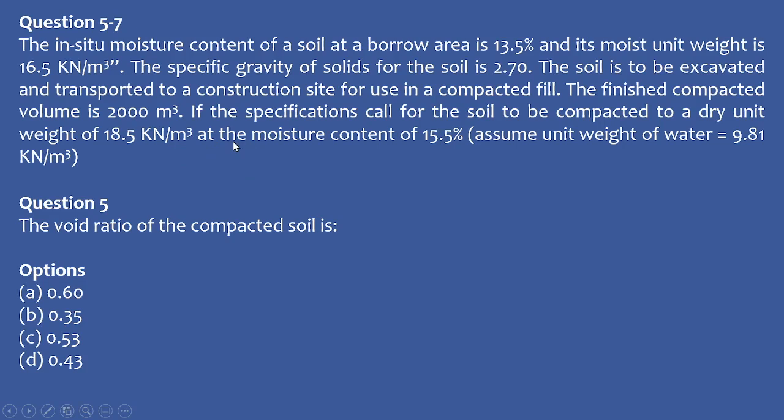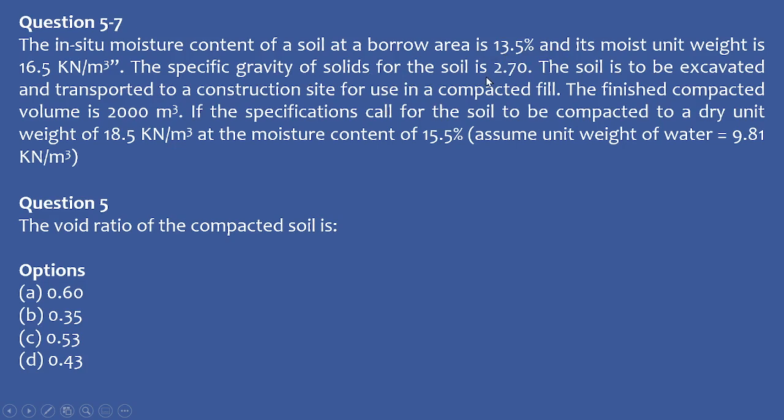So basically at a particular site, we want to give a compacted volume for any type of field, and for that we are excavating soil from another site. At that remote location, the properties of the soil, for example the moisture content, the unit weight, and the specific gravity of the solids, are given for the site from where we are excavating.